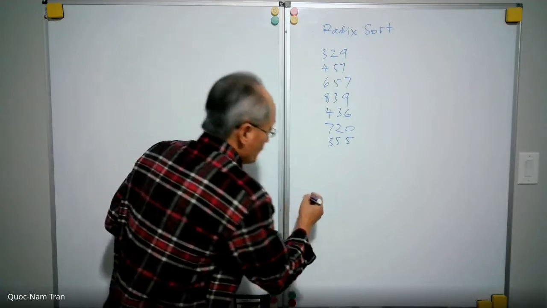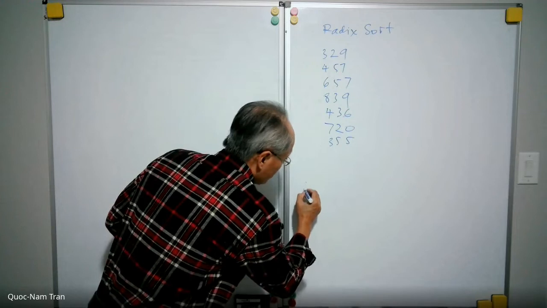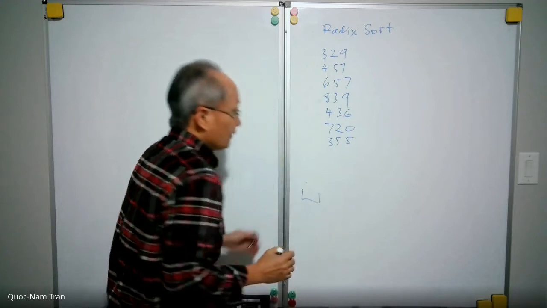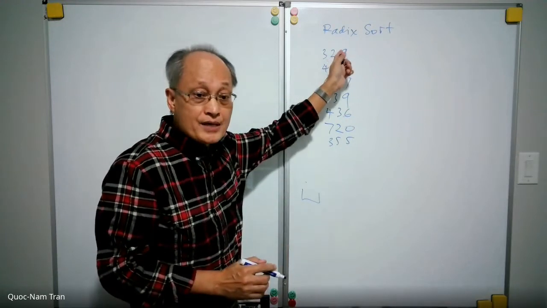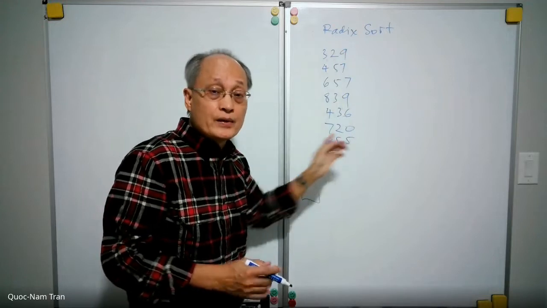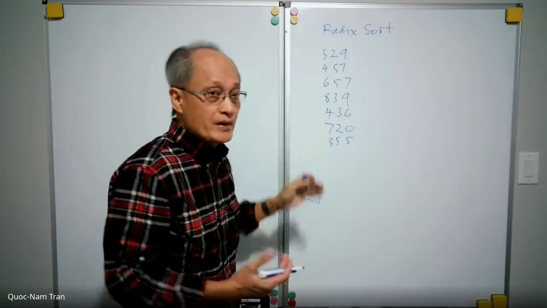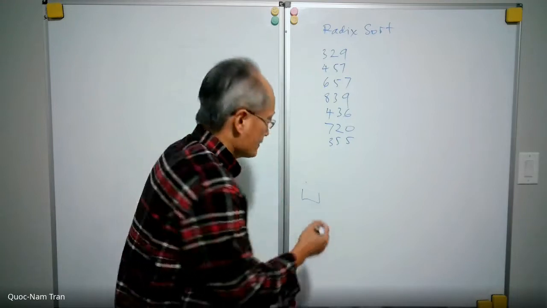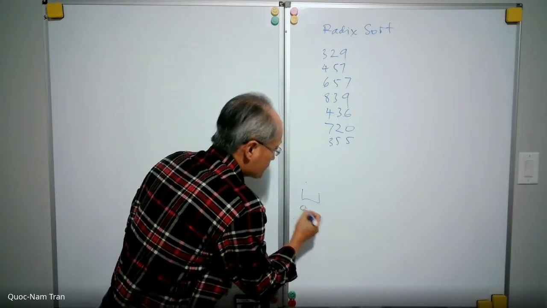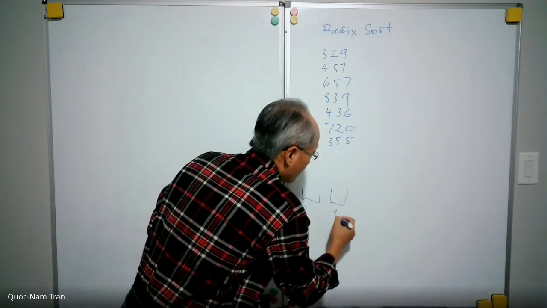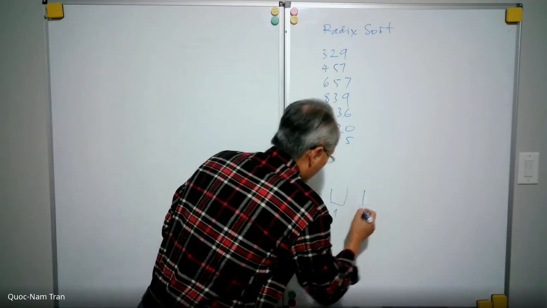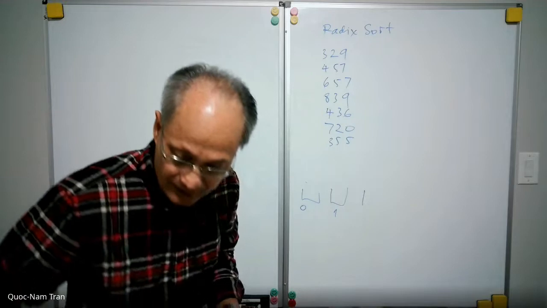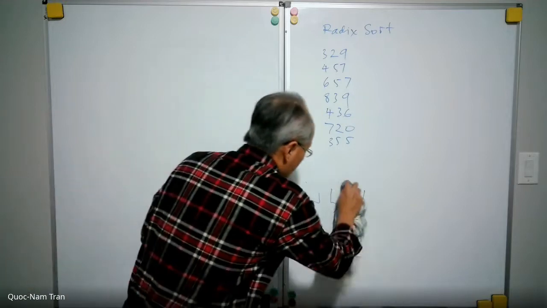We will have a bucket for the numbers in each digit. We know that for any number, each digit has only 10 possibilities, right? So from bucket 0, 1, and I have to make it a little bit bigger.